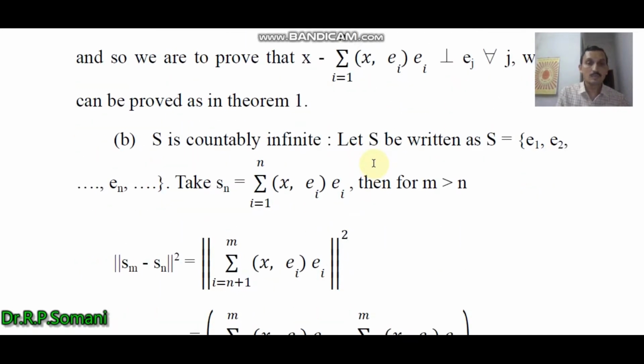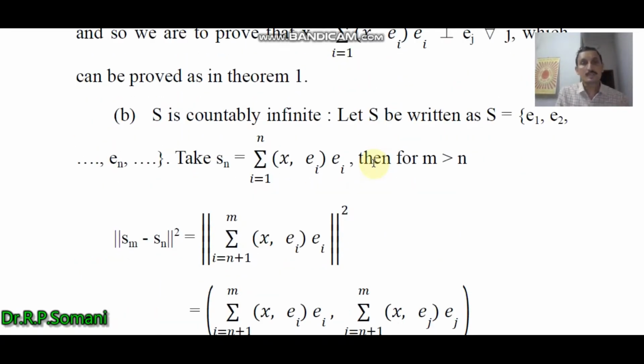Now for the second choice, S is countably infinite, and for this let S be written as S equal to {e_1, e_2, and so on, e_n, and so on}. So now we define S_n as the partial sum, i varying from 1 to n, of ⟨x, e_i⟩ e_i.